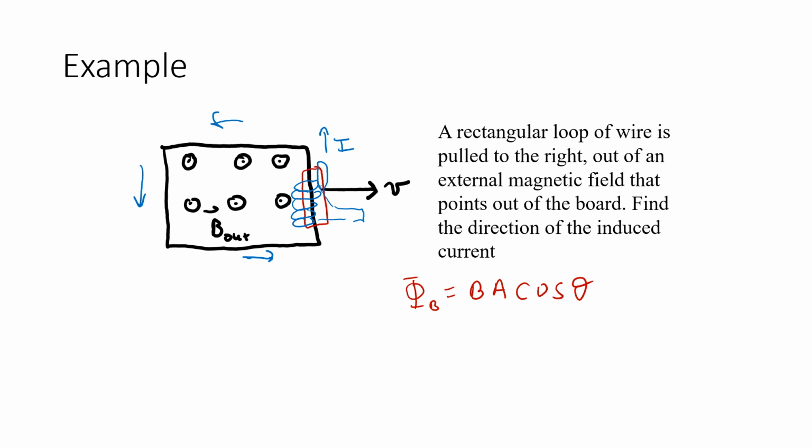It would do the same thing if I grab this portion of wire. I would see that my fingers are coming around the wire out towards me from the screen, and that my thumb would be pointing towards the right in this case. So it's still going in the counterclockwise direction. So the direction of the induced current is counterclockwise.